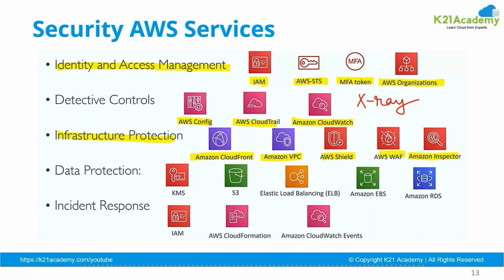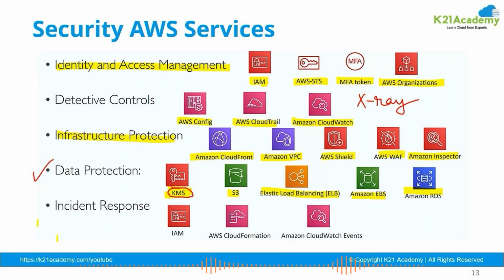For data protection, you can use KMS, Key Management Service, which can be deployed on Elastic Load Balancer, EBS, S3, and RDS. So in data protection, we can talk about the protection of data at rest and the protection of data in transit.